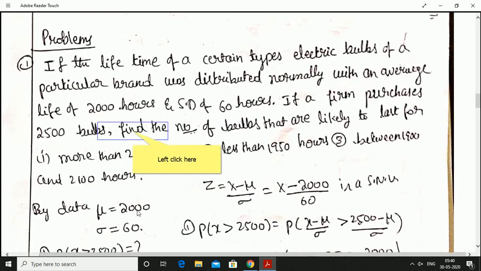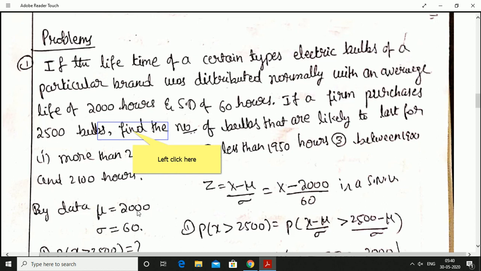Now we'll see the problems of normal distribution. If the lifetime of a certain type of electric bulbs of a particular brand was distributed normally with an average life of 2000 hours, average life means mu is equal to 2000 hours, and standard deviation of 60 hours, sigma is equal to 60.